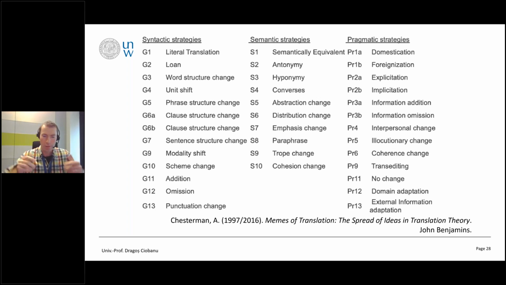So it's not word for word. Of course, there will be some use cases where you want word for word. For instance, in a very specialized, well-written, controlled language user manual, you're not going to start applying too many pragmatic strategies, I guess.